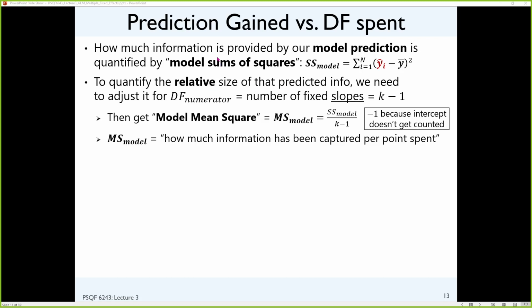That is going to be what's known as model sums of squares. So how much information in our outcome did our slopes capture? So y hat is what's in the front of this thing, because that is the predicted outcome minus the mean.